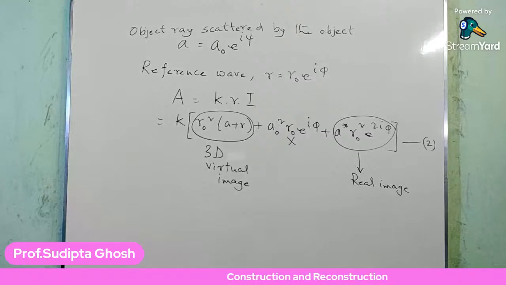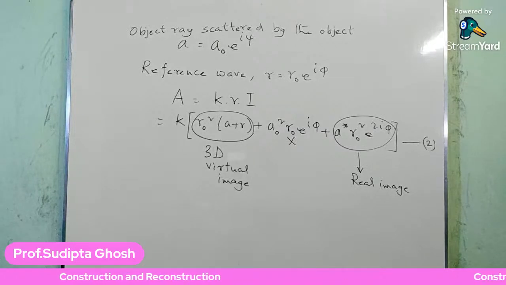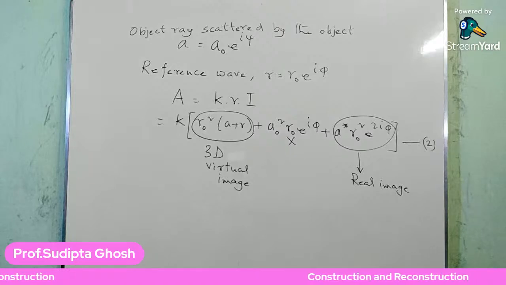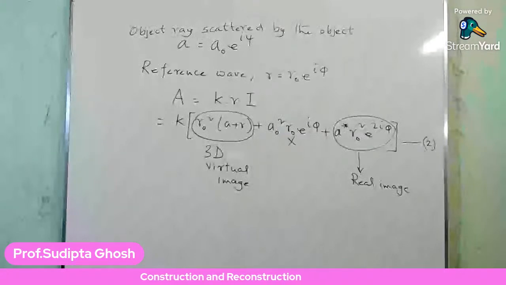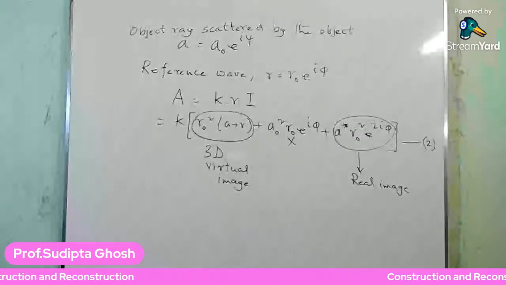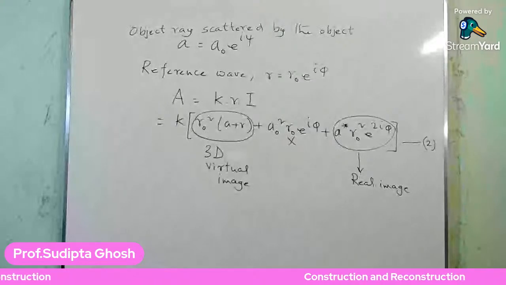You can find it as A star plus RR star plus AR star plus A star R. It can also be taken, and then just make the product of R with the values of I given in equation number 1. Okay.